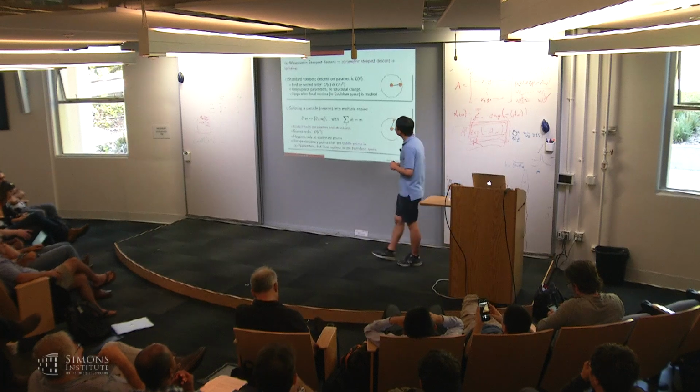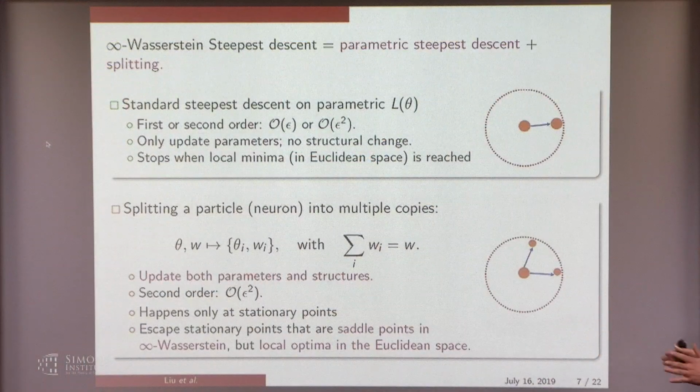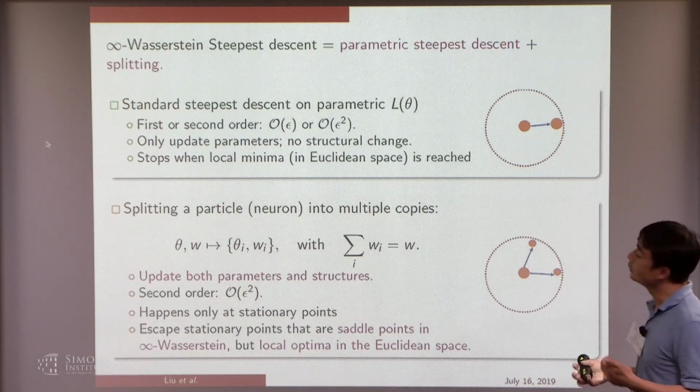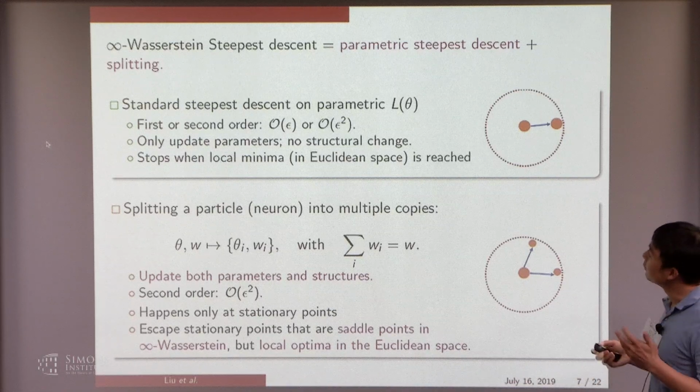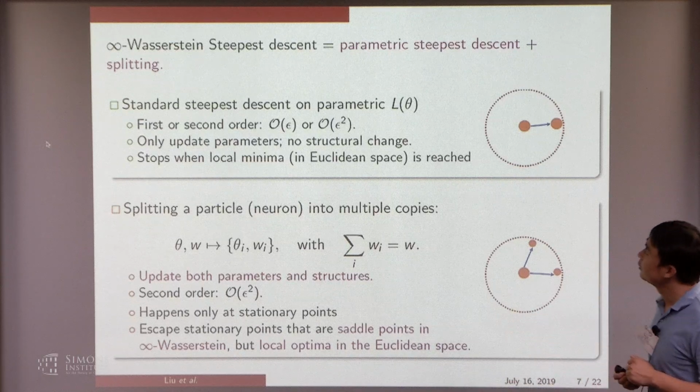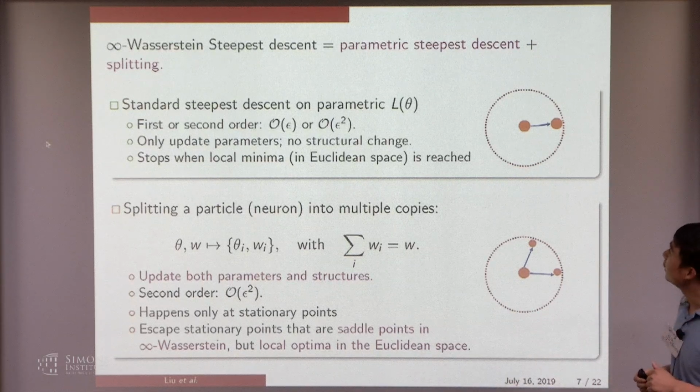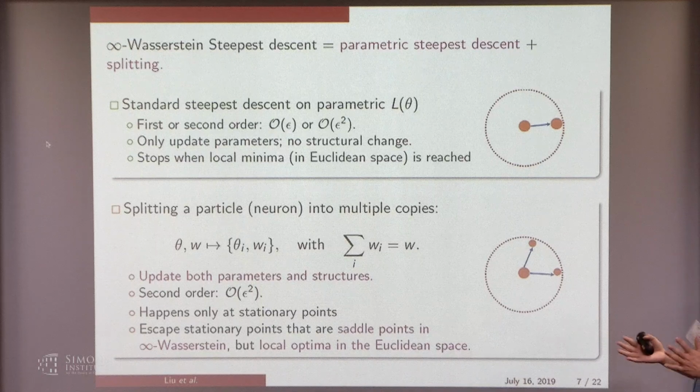Okay. So if we just use the infinite Wasserstein distance, we can follow the formula that we had earlier to derive the steepest descent, that's a standard procedure. It turns out if you work it out, we can find that this infinite Wasserstein steepest descent is a combination of two types of updates.